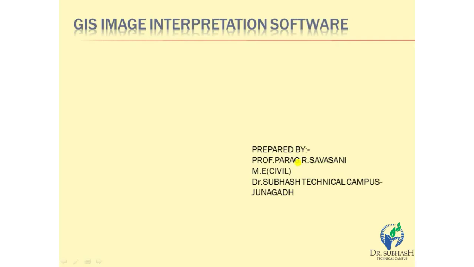In the previous video, we discussed remote sensing and its various techniques. In this video, we are understanding the different software used for GIS image interpretation. Many open source tools are available for image interpretation in GIS. There are also different data type requirements and image format requirements.